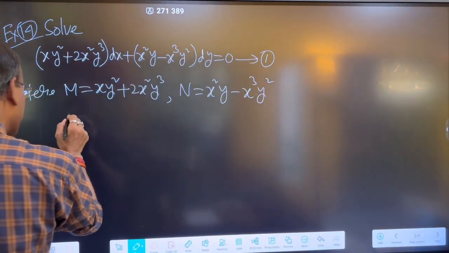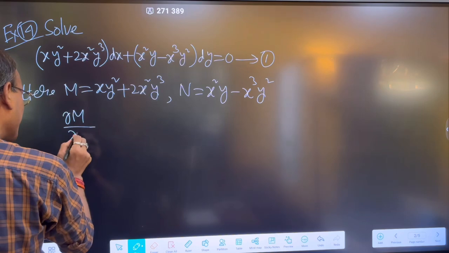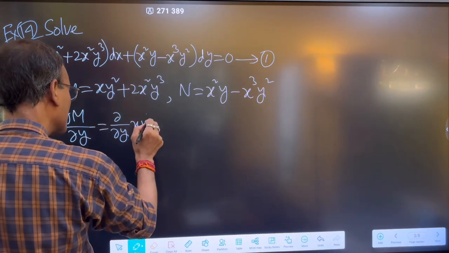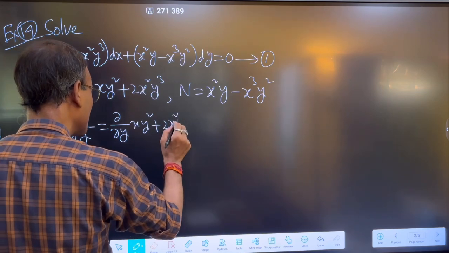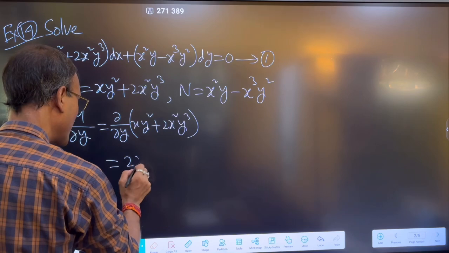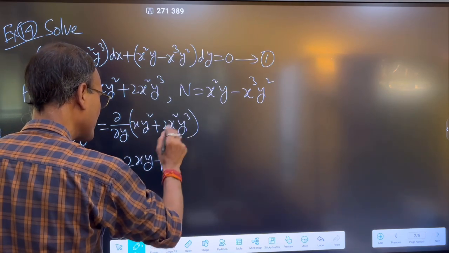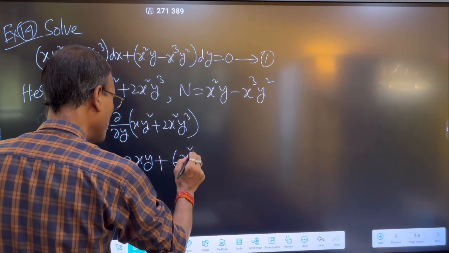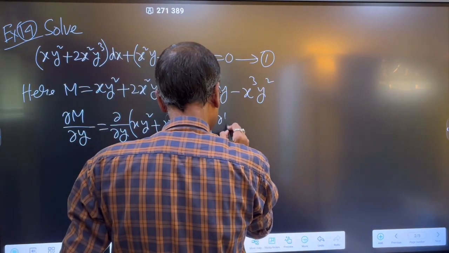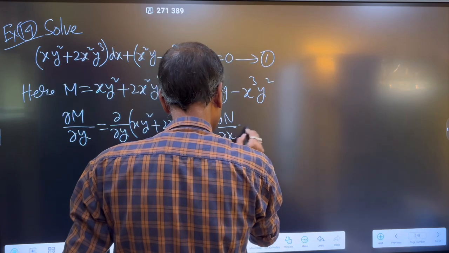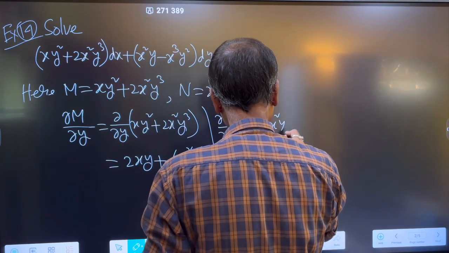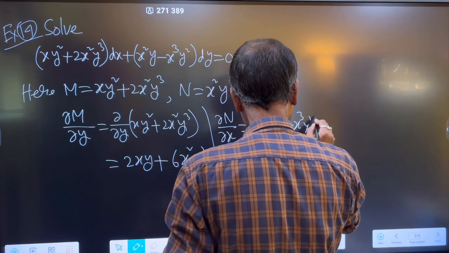Del M by del y equals del y of (x y square plus twice x square y cube). This is equal to twice xy plus 6 x square y square. Del N by del x is del x of (x square y minus x cube y square).